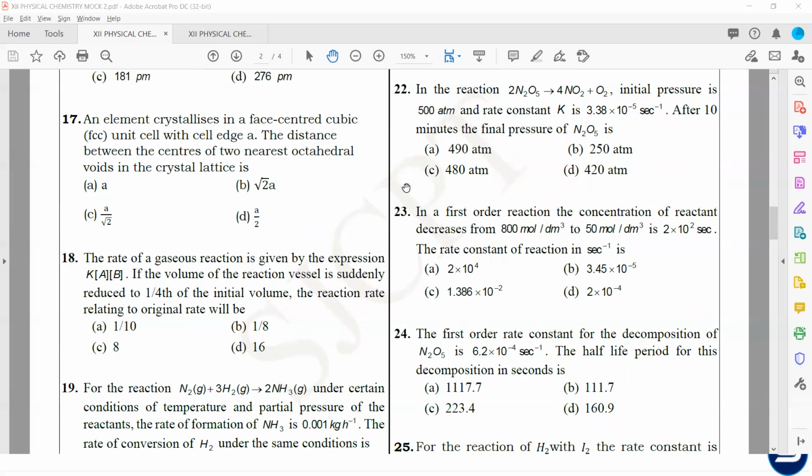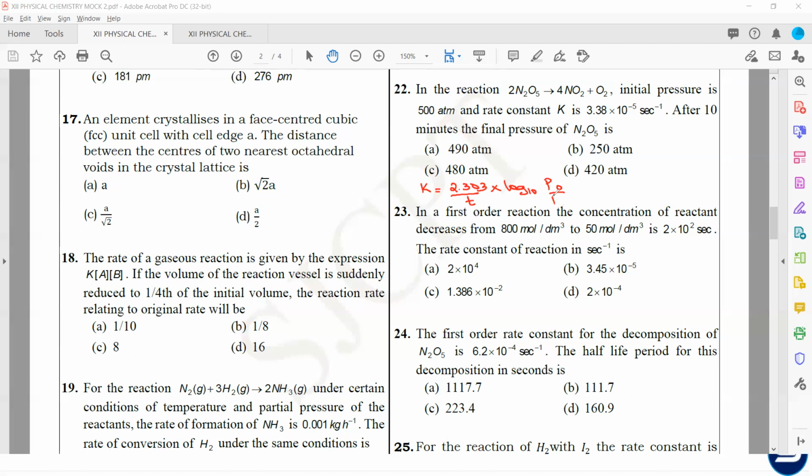The rate constant K is equal to 2.303 by t into log to the base 10 of P naught upon Pt, since it is pressure.